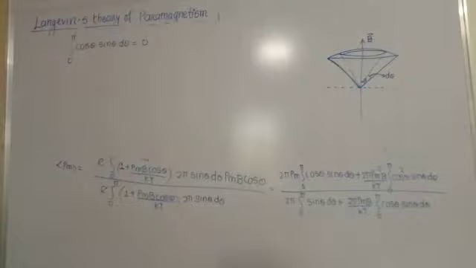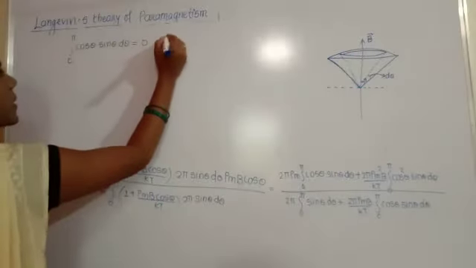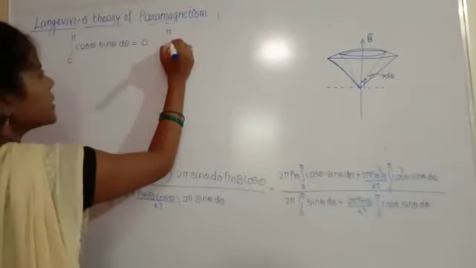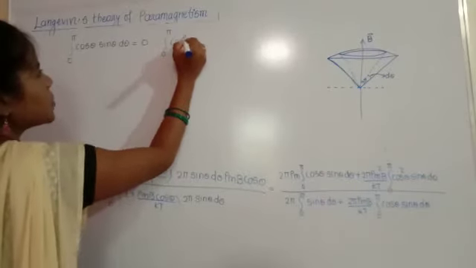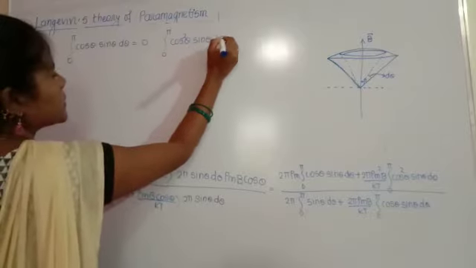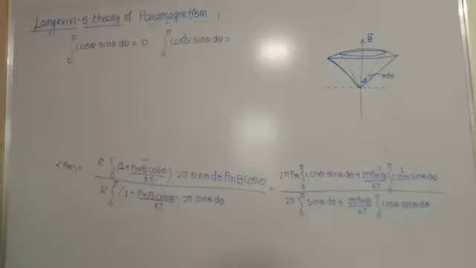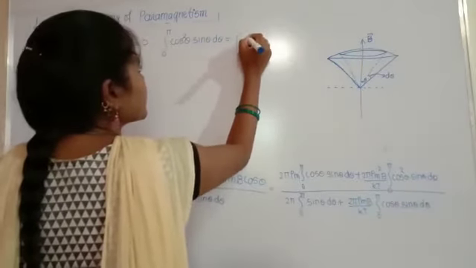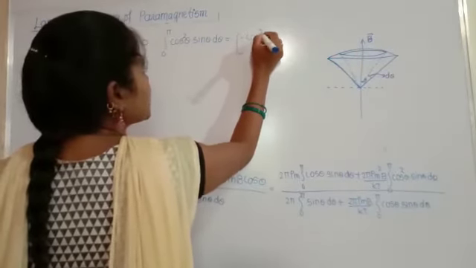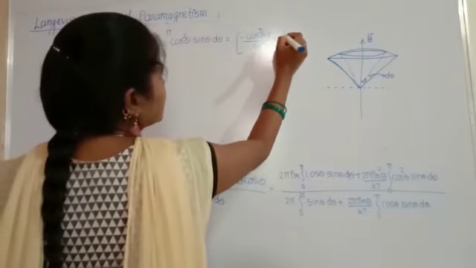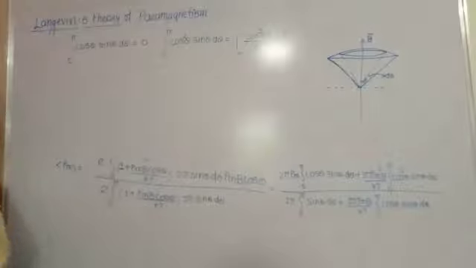The value of this term is 0. Then again the integral 0 to pi of cos square theta sin theta d theta is equal to minus cos cube theta divided by 3, and this value is nothing but 2 by 3.